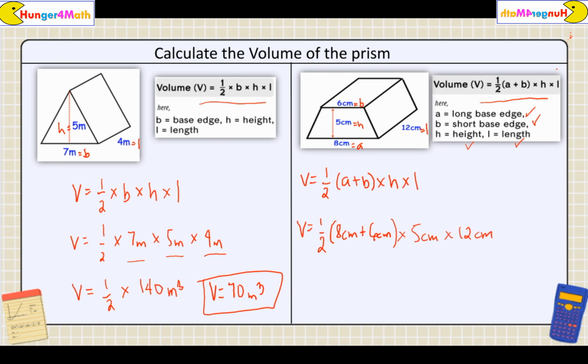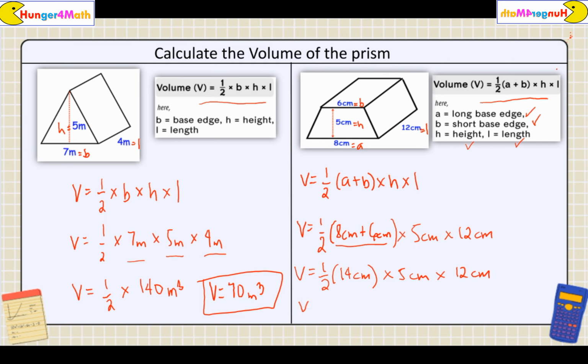Now let's solve. So that will be 1/2. Let's add this first. So 8 centimeter plus 6 centimeter is 14 centimeter. Then let's copy the rest. So 5 centimeter times 12 centimeter. Then we can take the half of 14 centimeter.